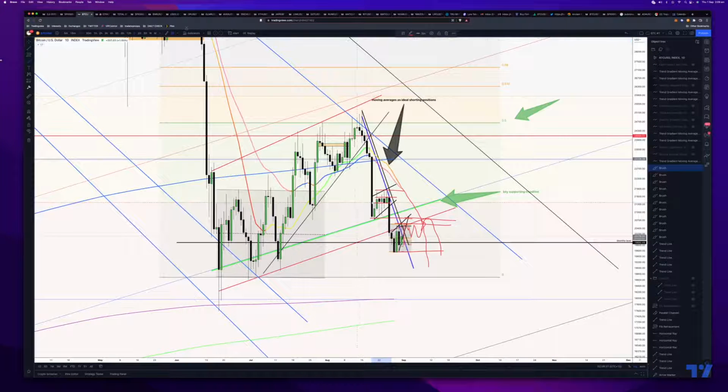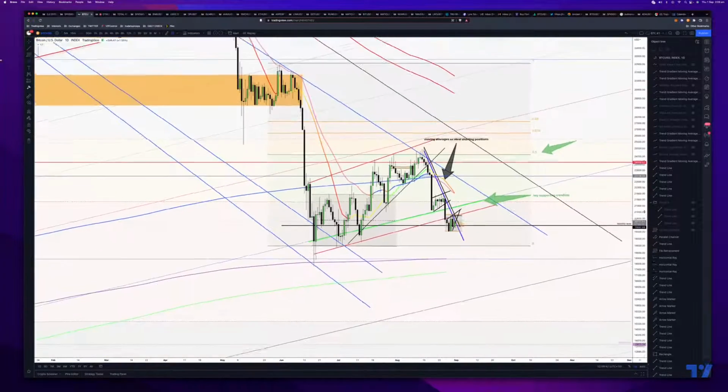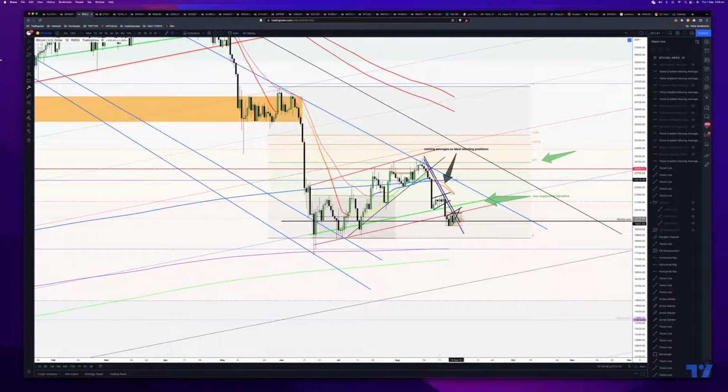Now there's one possible bullish scenario. All right, so let's look at that. The bullish scenario is that this is the V shape. Actually, pick up the other chart, it'll probably be cleaner.